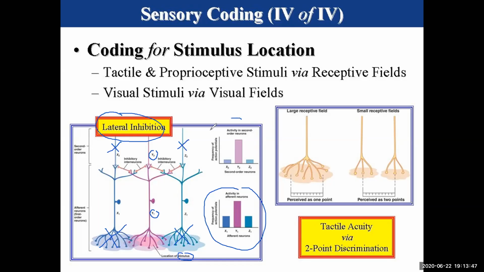But here is the same thing by second order neurons, with action potential being generated in Y2 significantly more than X2 and Z2, because X2 and Z2 have been prevented significantly from generating action potentials due to these inhibitory interneurons. And you should be able to answer that question by the specific mechanism, and we all learned that.